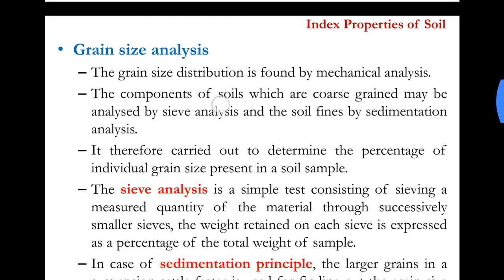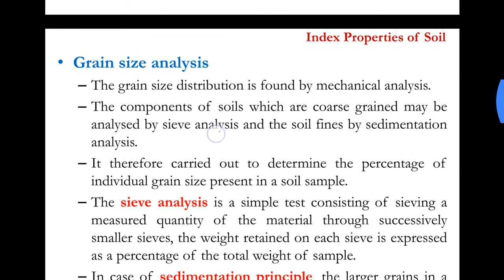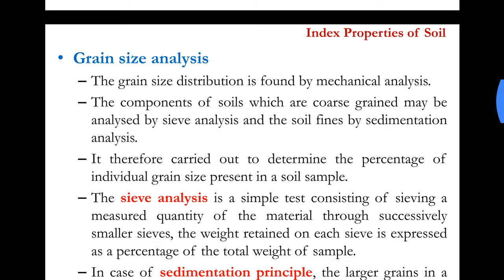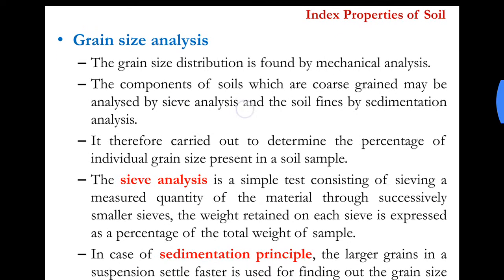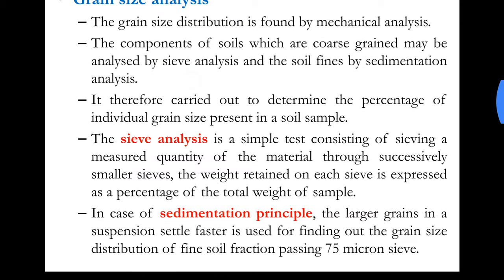The components of soils which are coarse grained may be analyzed by sieve analysis and the soil fines by sedimentation analysis. So there are two types of analysis that we carry out. For coarse grained soils we do sieve analysis, and for fine grained soils we do sedimentation analysis.